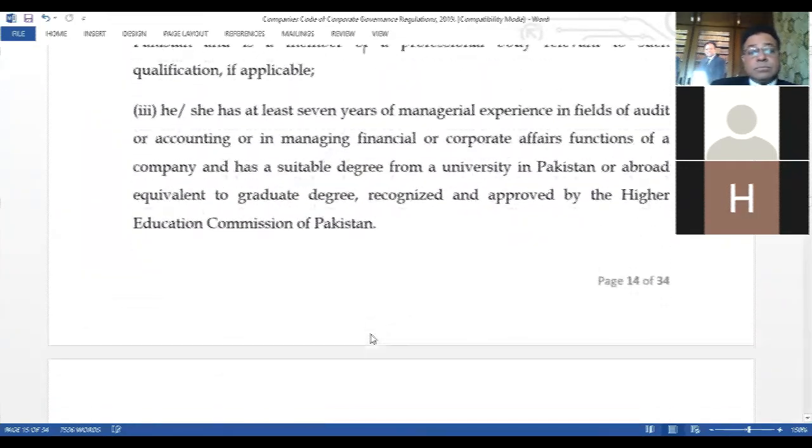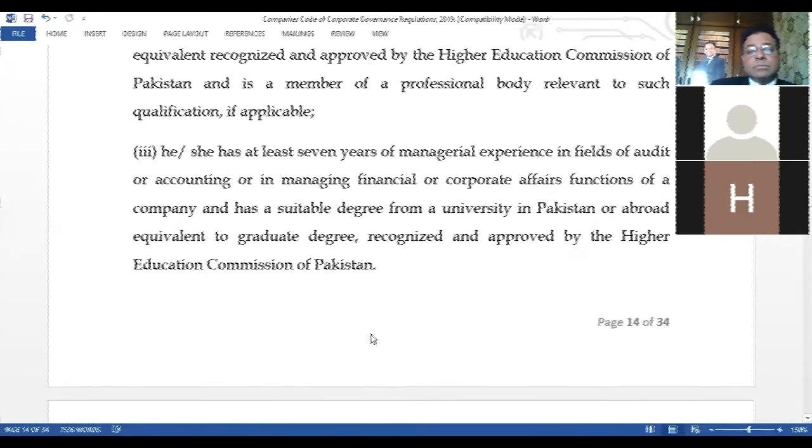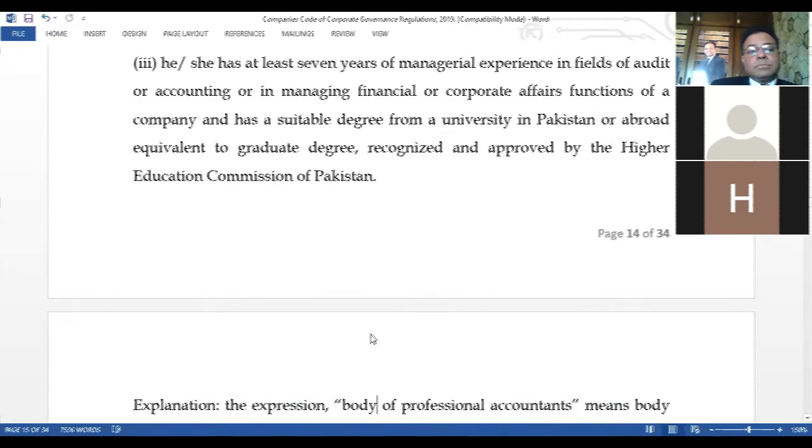He or she has at least 7 years of managerial experience in fields of audit or accounting, or in managing financial or corporate affairs functions of a company, and has a suitable degree from a university in Pakistan or abroad equivalent to a graduate degree, recognized and approved by the Higher Education Commission of Pakistan.